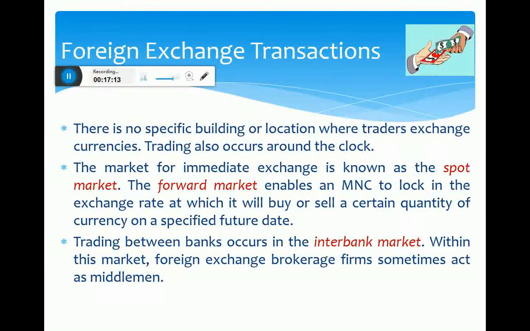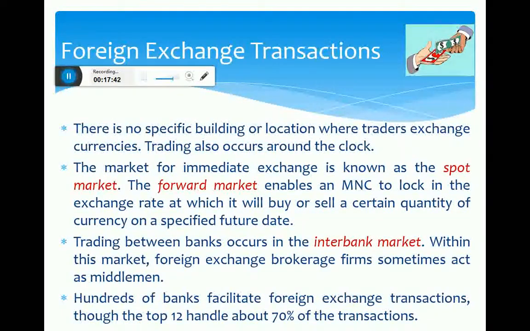While the interbank market is basically the transactions made between the banks or between the brokerage firms, where they buy and sell. It's not other organizations, it's only the brokerage firms and the banks themselves. That becomes the interbank market.